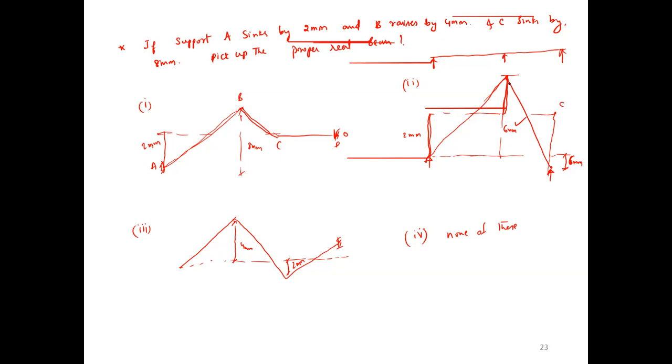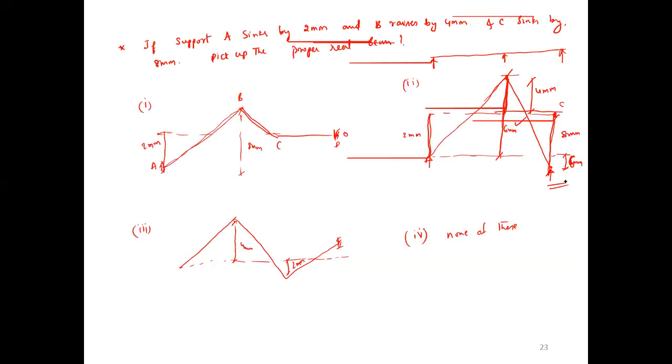The overall depth is 6, but from here to here the height is 4 mm. Now I have given 8 mm from point C. The total is 8 mm, but I know this height is 2 mm, so the remaining height is 6 mm.